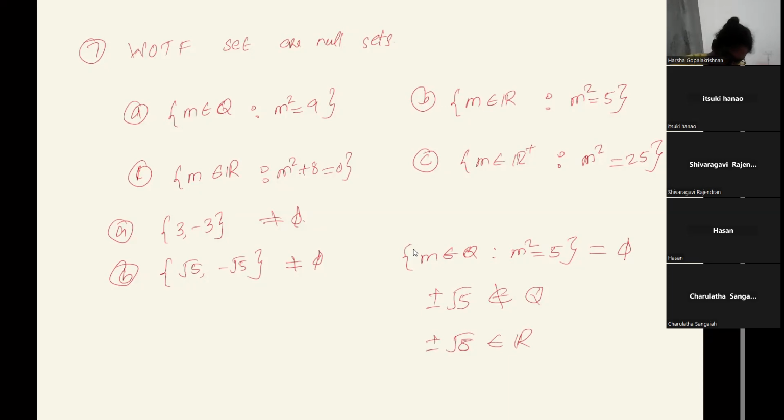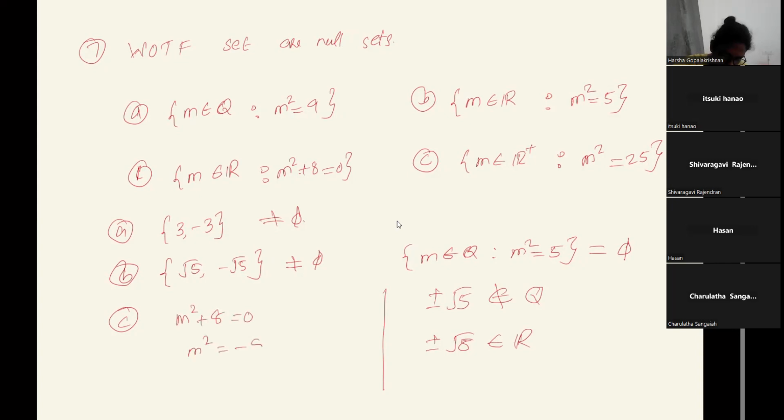Now, coming to the third option, C. Set of all M in R such that M square plus 8 equal to 0. Any element in C? No, ma'am. Because suppose M square plus 8 equal to 0, then M square should be equal to minus 8.